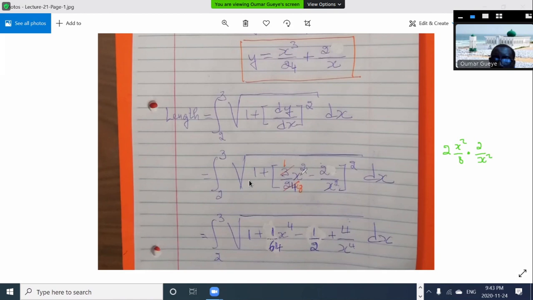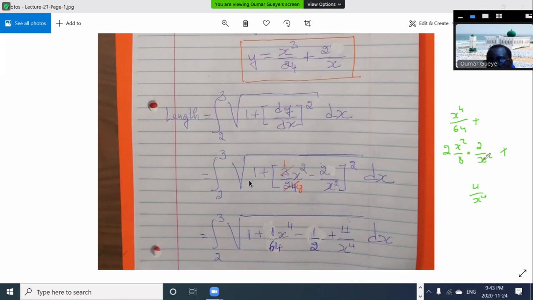When you expand this part, you will get first x to the power 4 over 64, plus this term, plus now 4 over x to the power 4. But from here, this term cancels out.